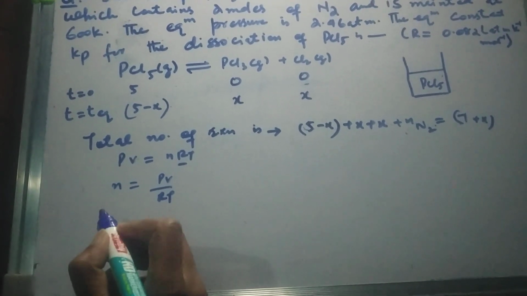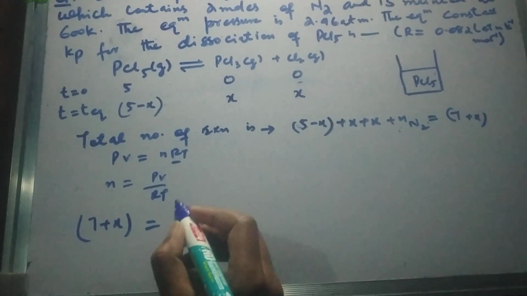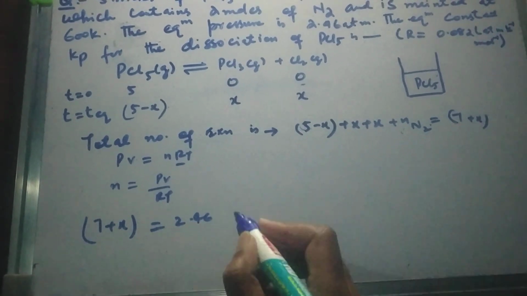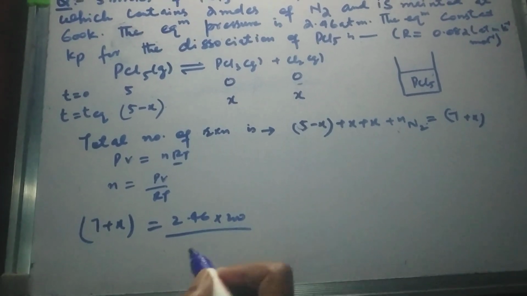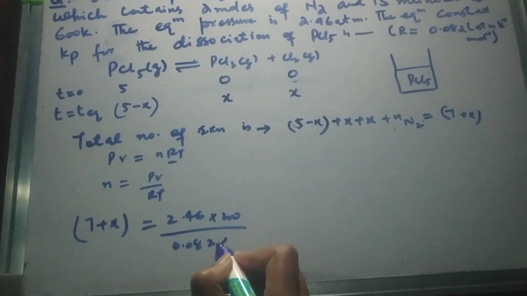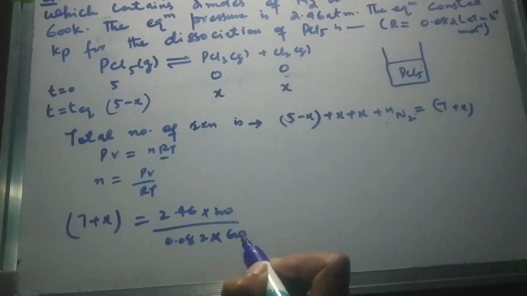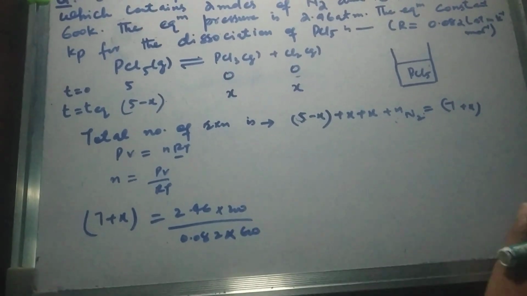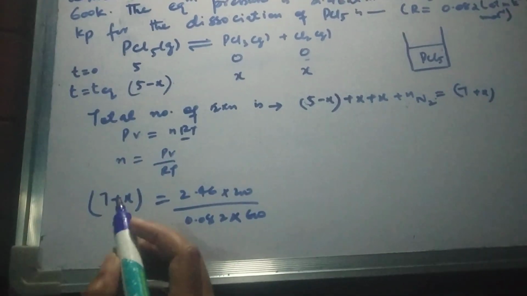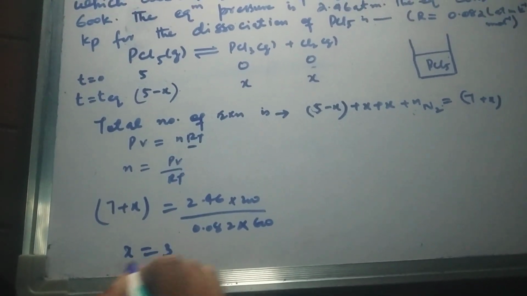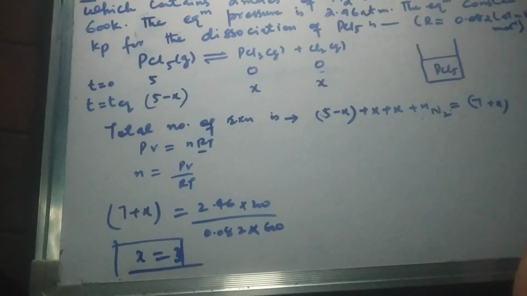We know n is 7 plus X, which equals 2.46 times 200, upon 0.082 times T. The temperature and volume are given in the question, 600 Kelvin and 200 liter. When I calculate this quantity, the value of X equals 3.